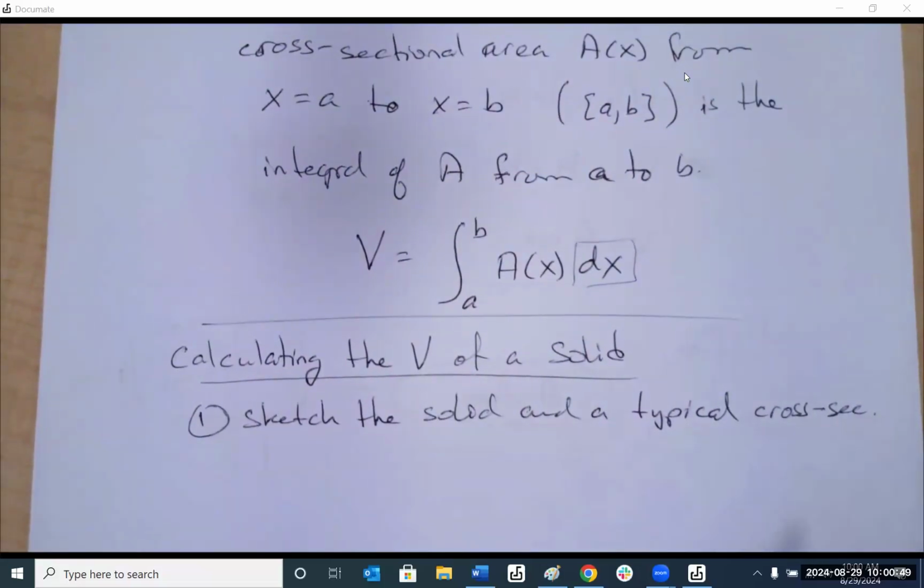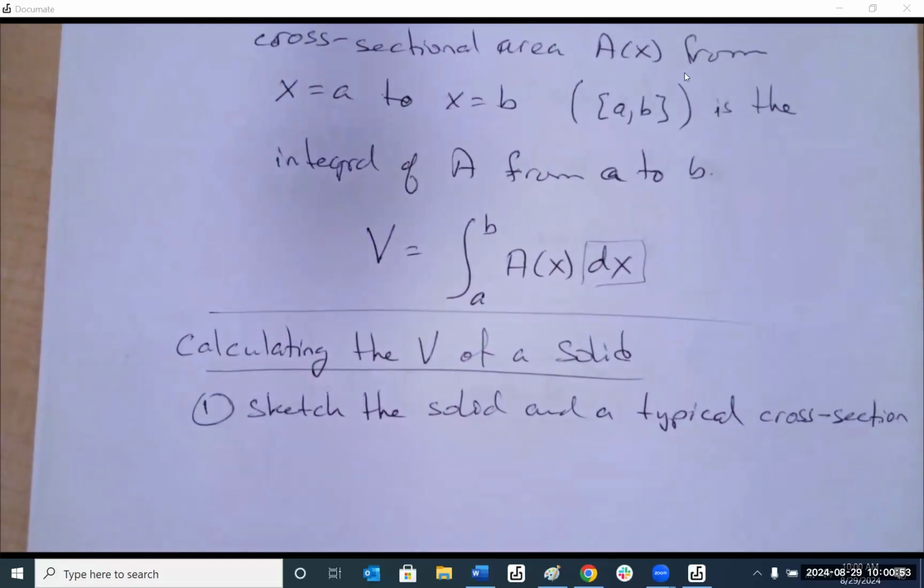Why is that important? Why do you have to do that first? Because if you can draw it, then you have a better idea of what you're looking for. Is it always going to be vertical? Are your slices always going to be vertical? No. We can also integrate with respect to y, which would be horizontal slices. We have delta dy.